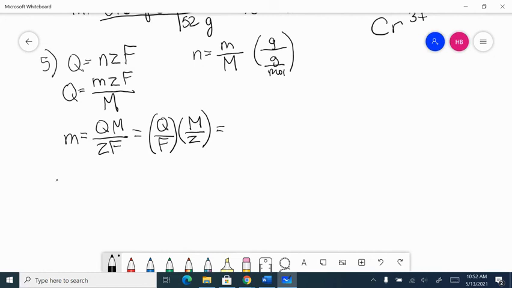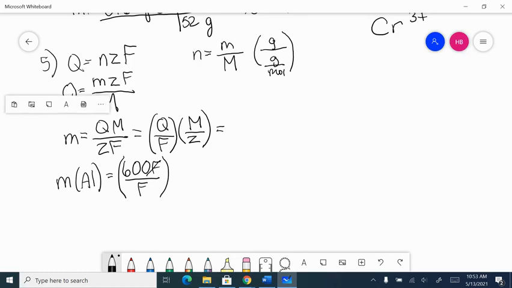So now let's do this for each of them. The mass of aluminum. So remember, Q is 600 Faradays from the problem. If we put 600 Faradays here, divided by a Faraday here, that's our F from our formula, these cancel, and then you get the molar mass divided by the charge on the ion.